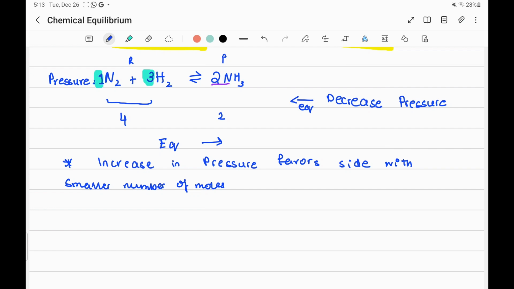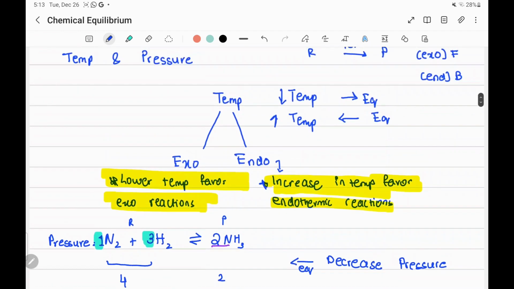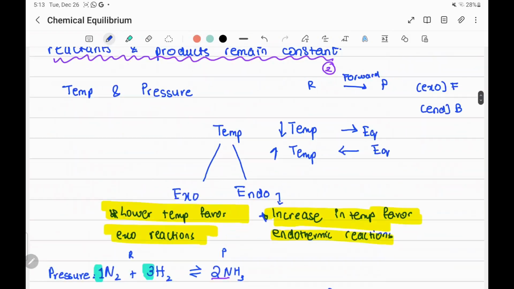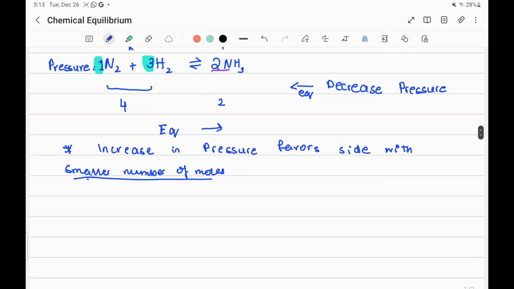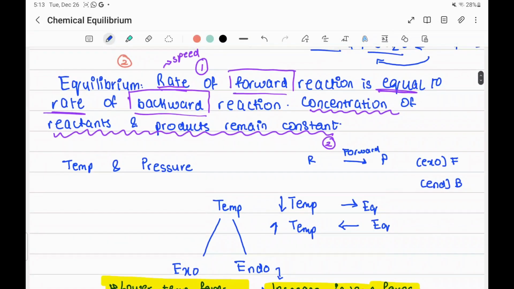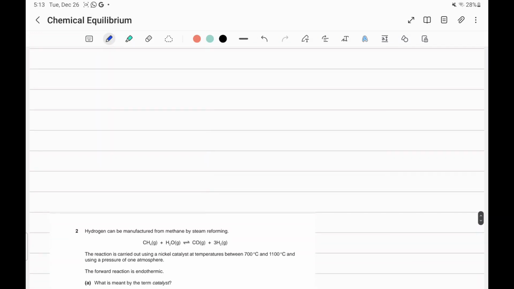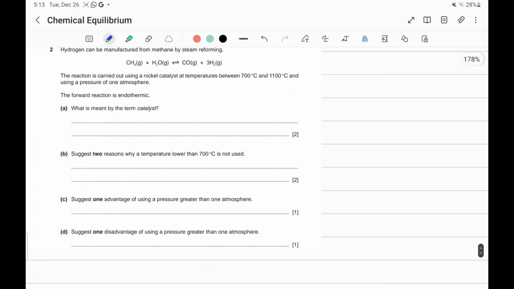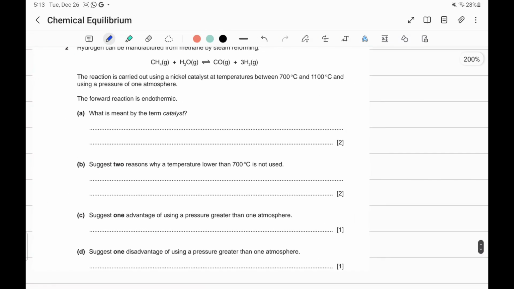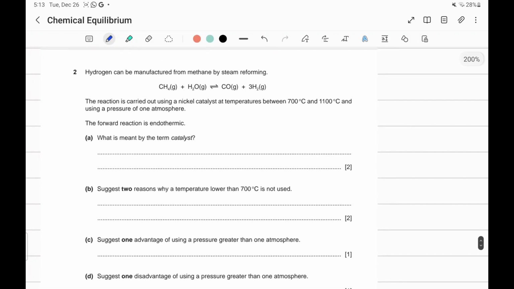So all that really matters is that when you increase pressure, equilibrium is shifted to the side with the smaller number of moles. And that's pretty much the entire concept. And this concept is super, super important for your paper 4 especially. Now I want to look into a question so you know how to gain your marks.